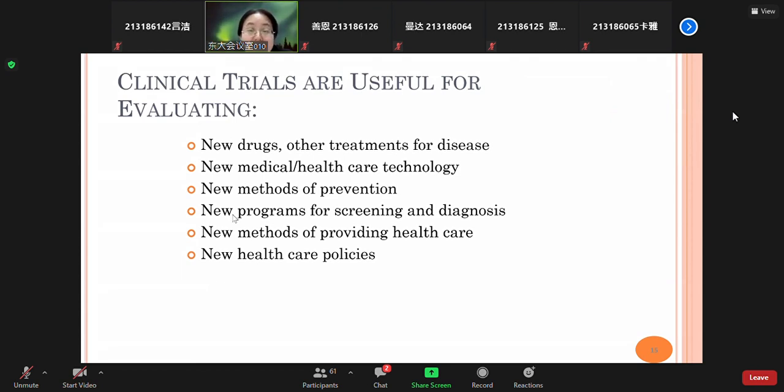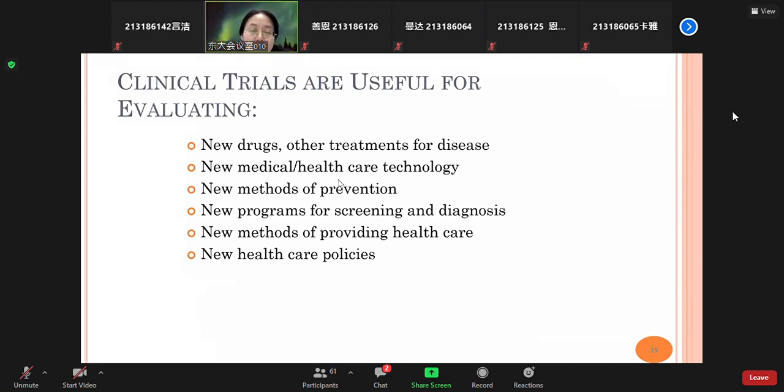here I list some examples of the factors studied in clinical trials. New drugs are a very typical objective or factor.